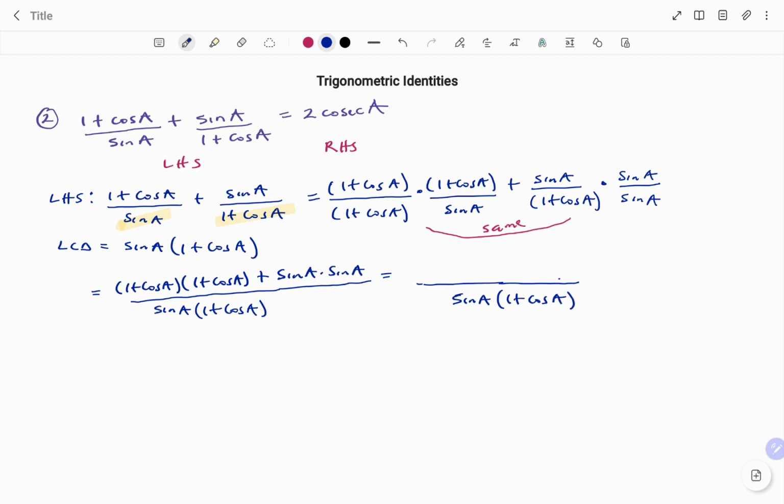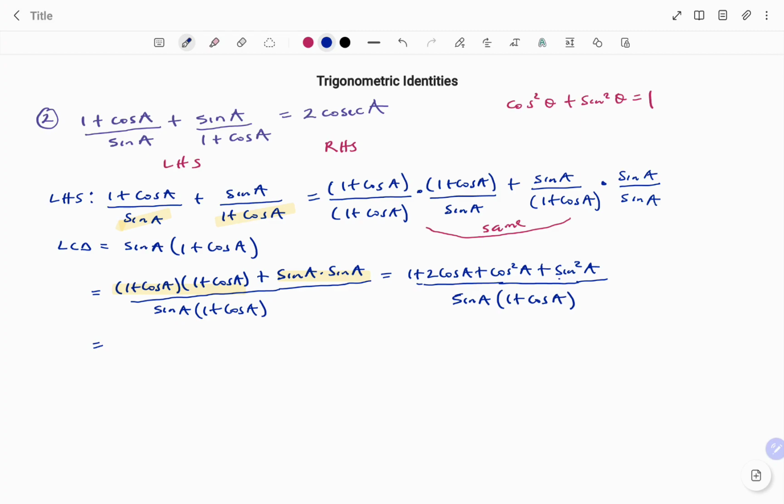At the top I have 1 plus 2 cos A plus cos squared A plus sine squared A. What I've done is I've been able to foil my 1 plus cos A and 1 plus cos A to give me 1 plus 2 cos A plus cos squared A, and sine A times sine A will give me sine squared A. So using the trig identity that states that cos squared theta plus sine squared theta equals 1, I'm going to group my like terms.